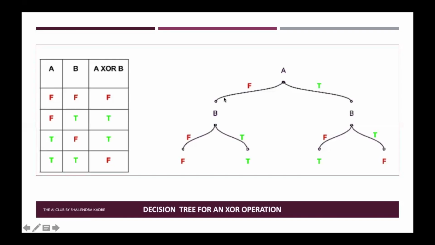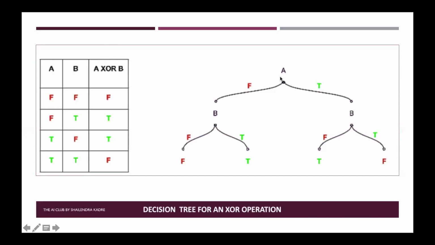If A is false, we are checking B. If B is false, the answer is false. If B is true, the answer is true. Similarly, coming back to the table, if A is true, then if B is false, the answer is true, and if B is true, the answer is false.